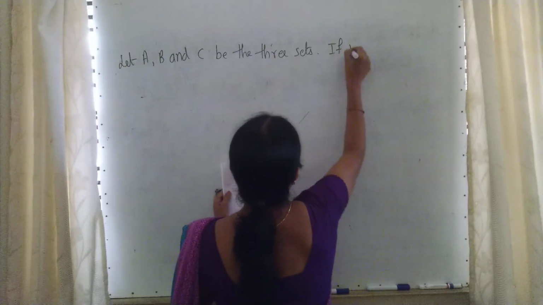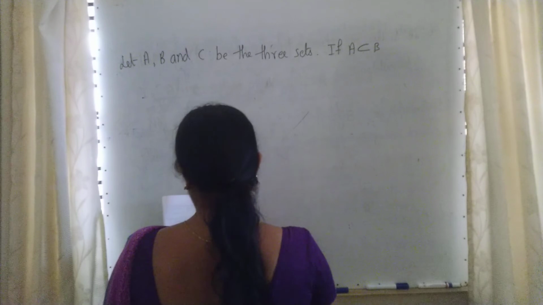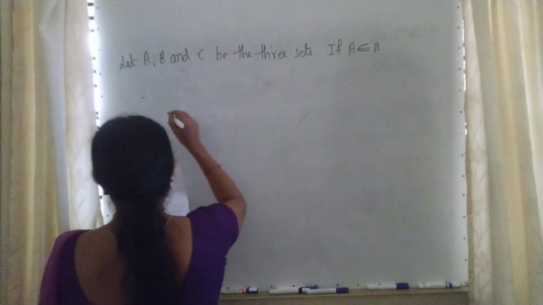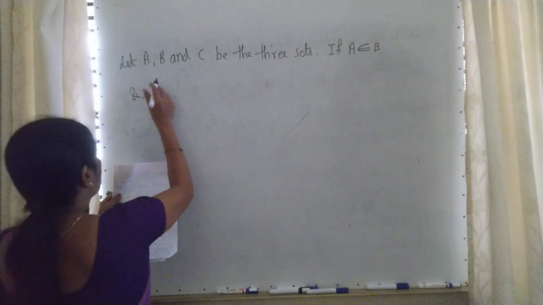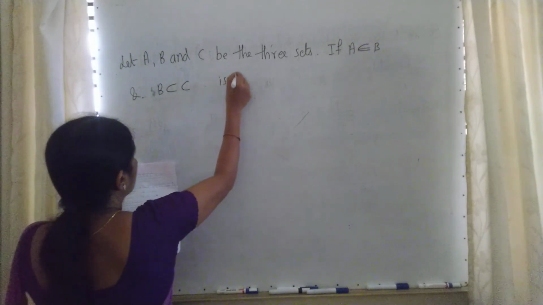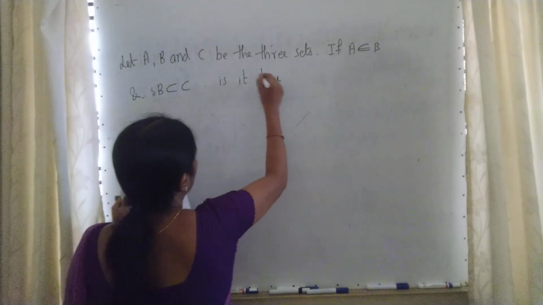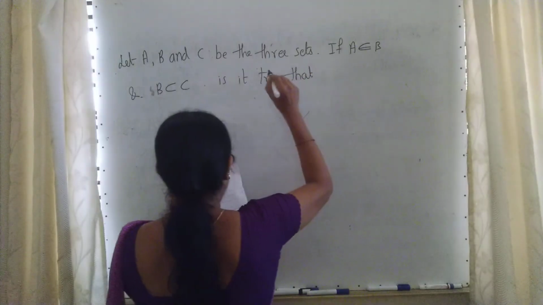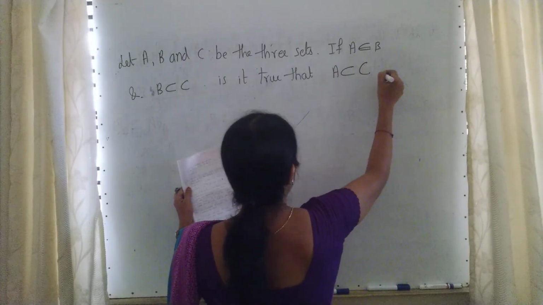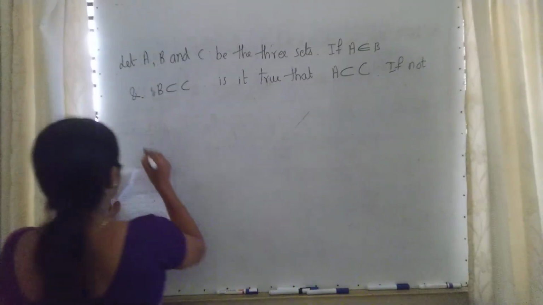If A is an element of B and B is a subset of C, is it true that A is a subset of C? If not, give an example.